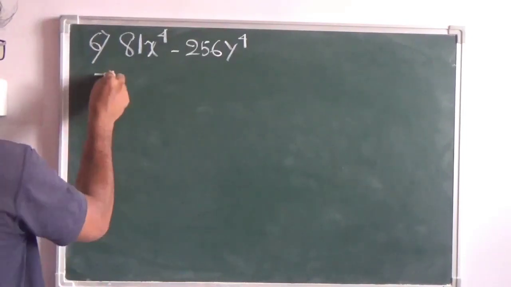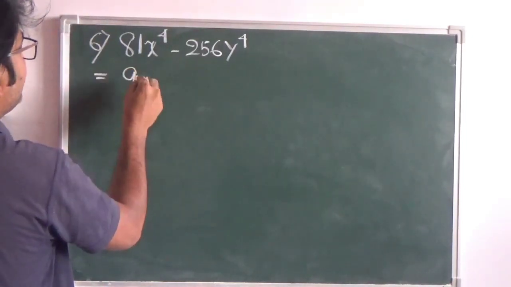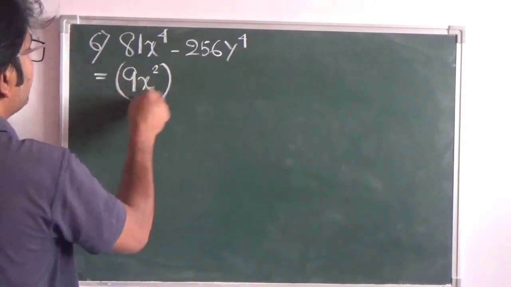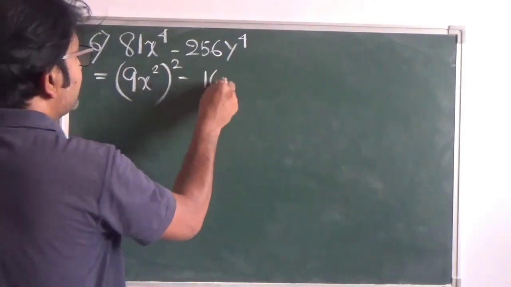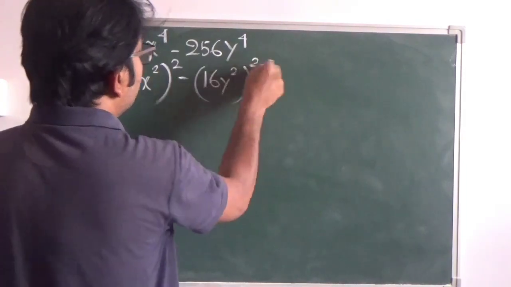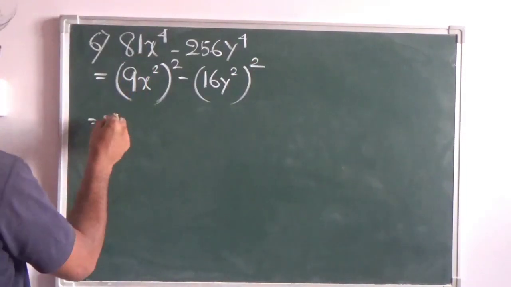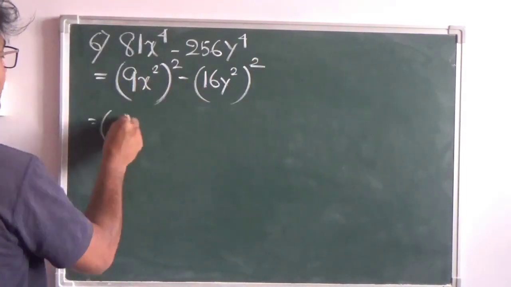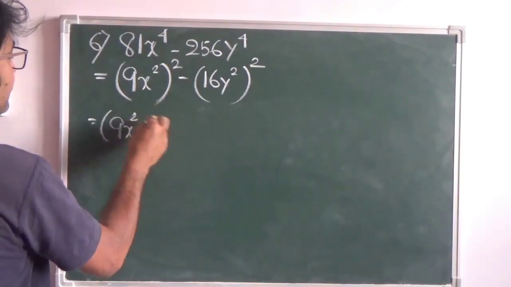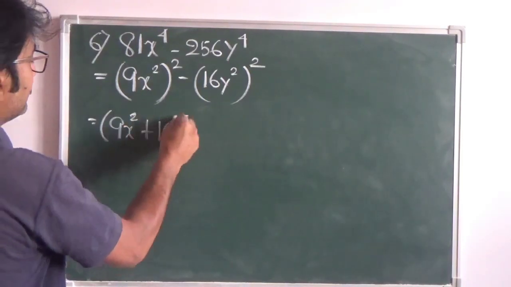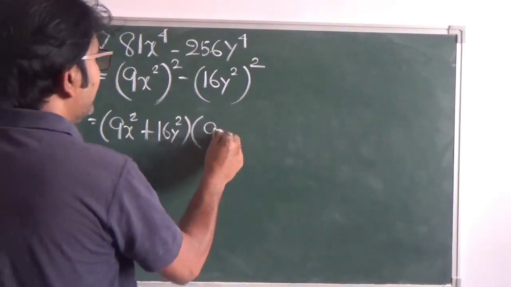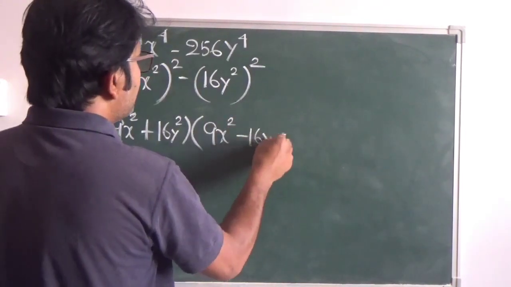You can express this as a perfect square: (9x square) whole square minus (16y square) whole square. We can write it like this. So it is a square minus b square, that is (a plus b) into (a minus b), that is (9x square plus 16y square) into (9x square minus 16y square).